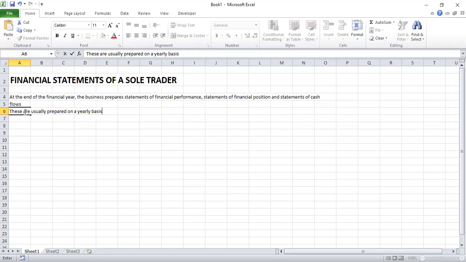You would find that if a business is opened in June, usually their year end will be in May, June to May. So don't expect the normal calendar year. When we say financial year, it doesn't necessarily mean January to December. It all depends on the cycle of preparing financial statements of the business.